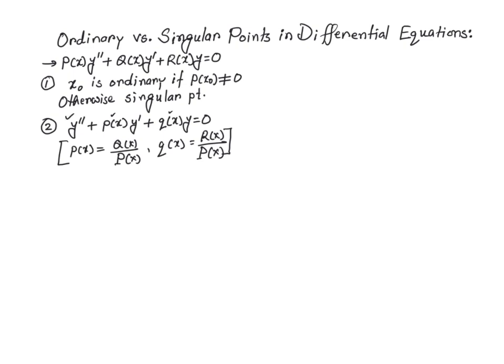But this is just a side note, okay? So let's consider this second order homogeneous differential equation in this format. In this case, we are going to define a point x naught to be an ordinary point if the limit as x approaches x naught of p of x exists and is finite in the complex plane.